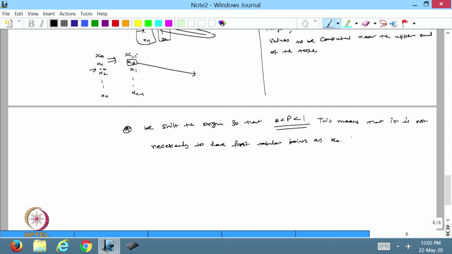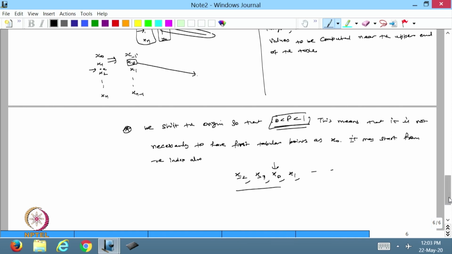It may start from negative indexing also, like it starts from x -2, x -1, then x 0, then x 1, like this. In this case I have shifted 2 times to make this x 0. Earlier it was x 0 here, but I shifted it to x 0 here, and the previous values I call x -1 and x -2. This way we can shift just to choose that the value of p is lying between 0 and 1.